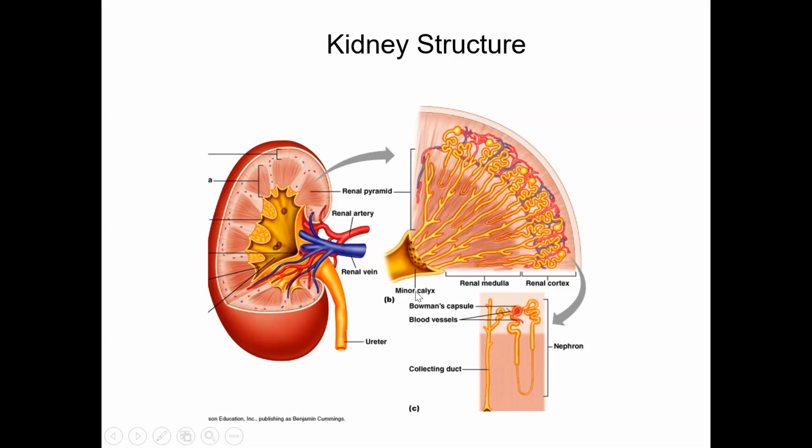On this diagram, this is a minor calyx, and two or more minor calyxes merge together to become the major calyx. And the major calyx merges to become the renal pelvis. Okay, and another structure here. The end of each collecting duct kind of protrudes into this minor calyx, to form this little papillary structure right here.